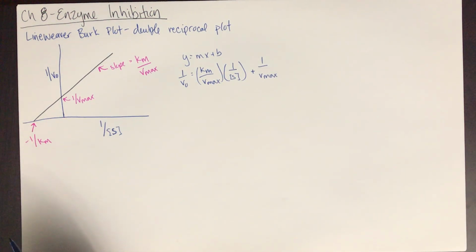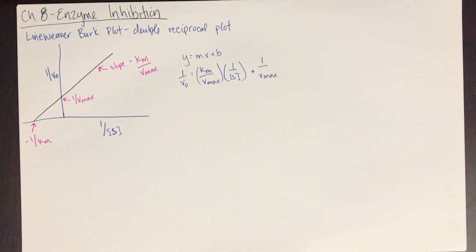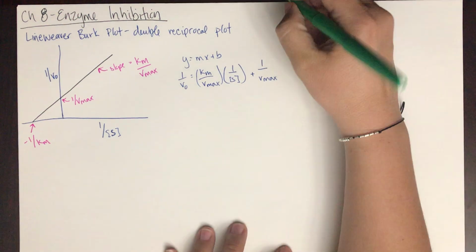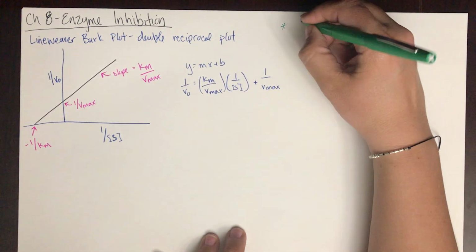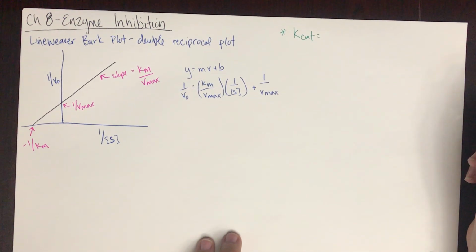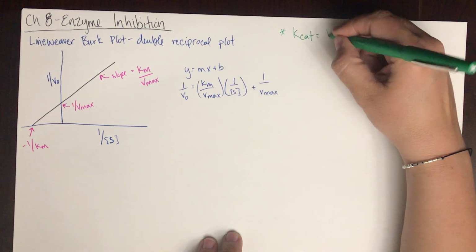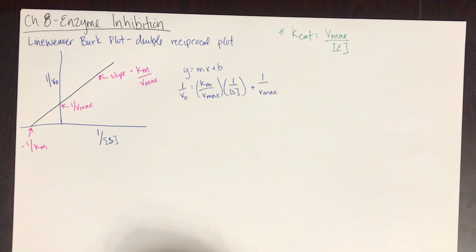Another thing that we talk about is kcat, the turnover number. We don't see enzyme concentration here, but another thing that we can calculate from these Lineweaver-Burk plots is something called kcat, which was the turnover number that we talked about in the last lecture. Kcat is the Vmax over the enzyme concentration.